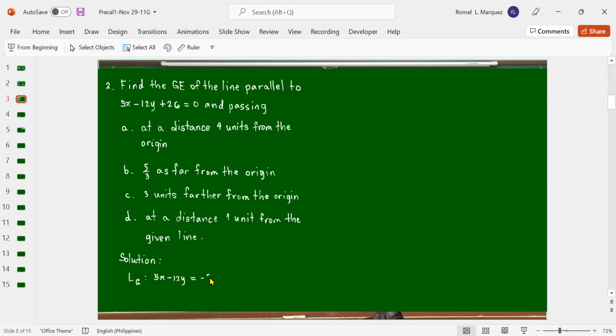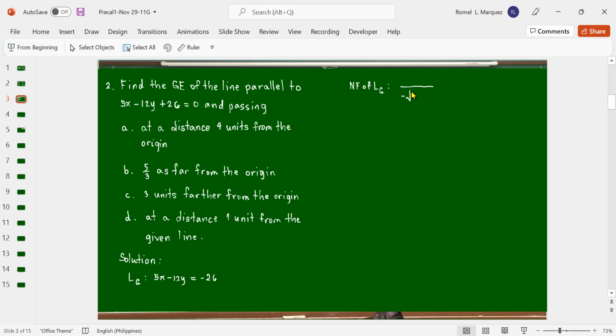Then we divide it by the divisor to get the normal form, guys. What is our divisor for the left side? Negative, because B is negative.